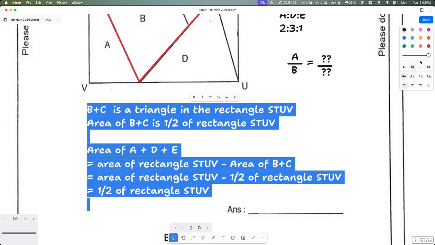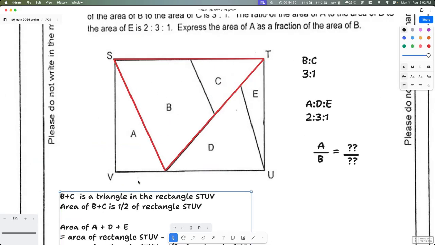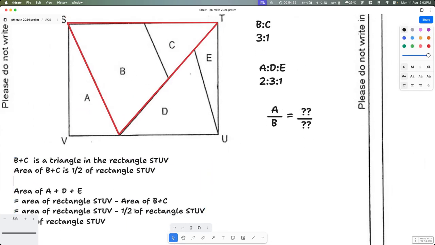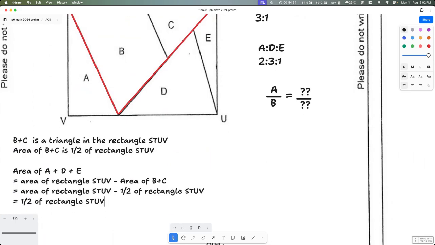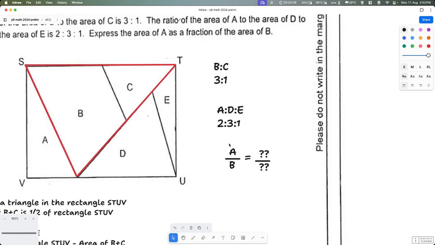So that means ADE is half as well. Hopefully this makes sense. So BC and ADE should be half of each other.